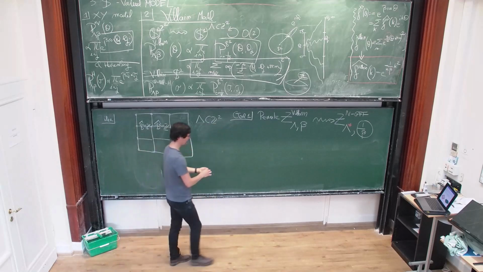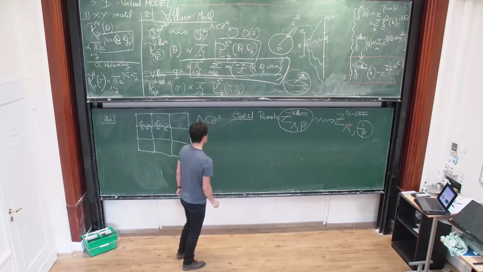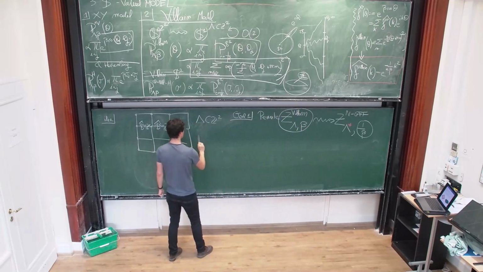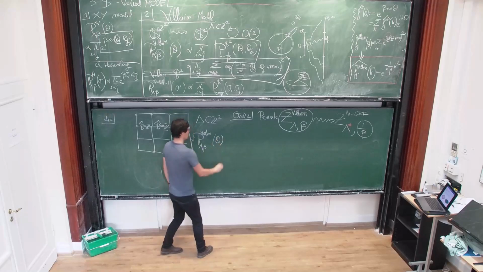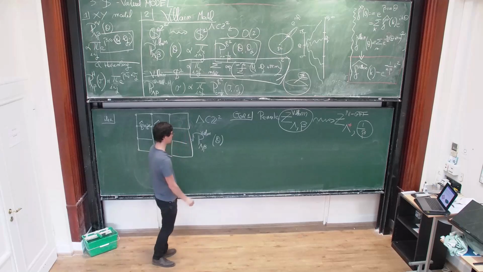So let me start by recalling what is the partition function. This plays an important role when we say that dP lambda beta Villain of theta, for most of the course, I told you this is proportional to, without being too specific.